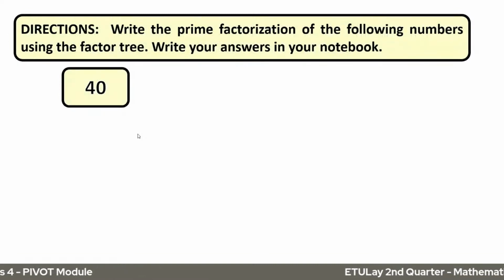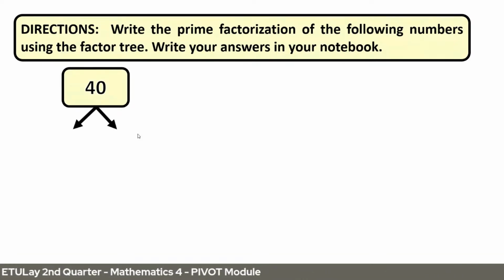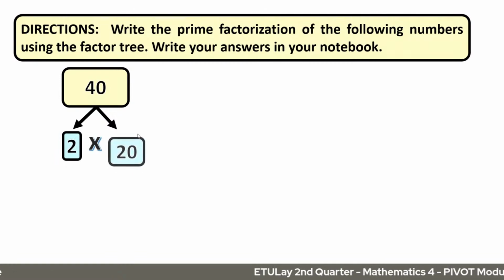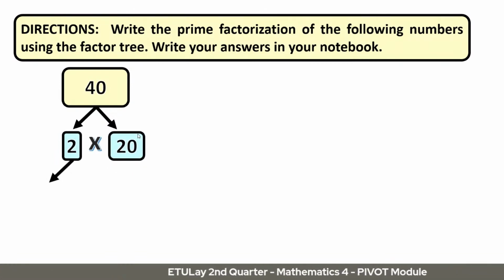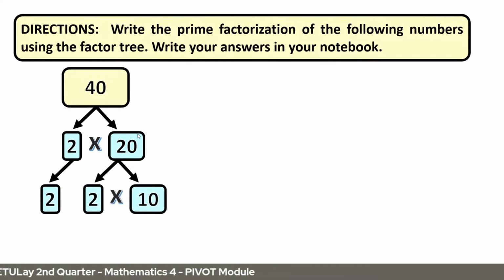So, tingnan natin. We have, the first one is 2. And we have 20. So, yung 2 ay prime, and then 20 is 2 and 10. So, yung 2 is a prime number na po.